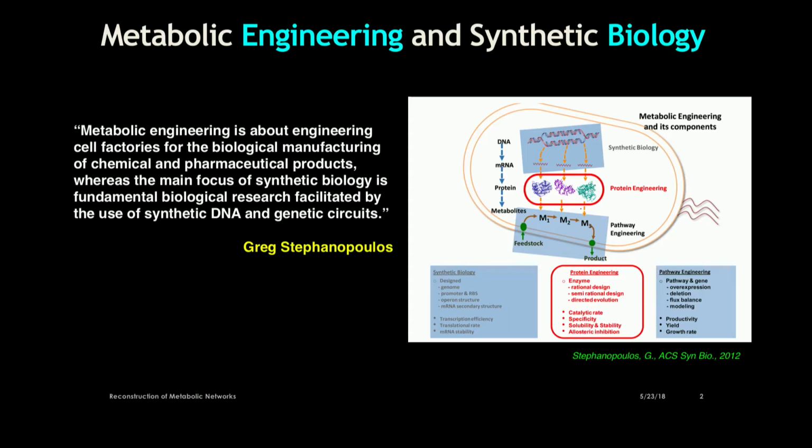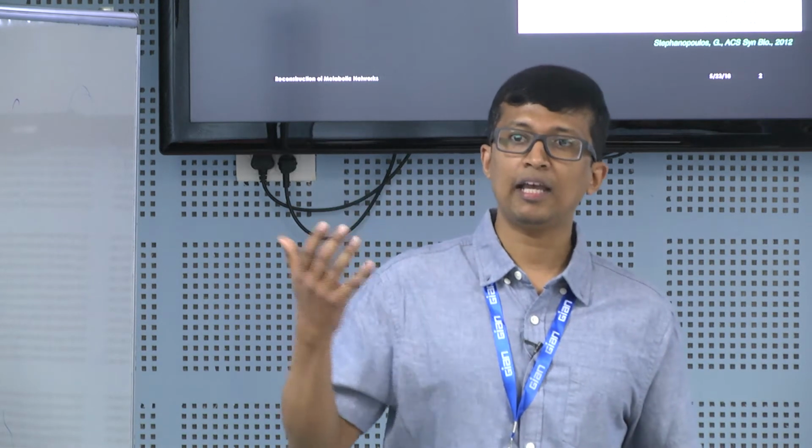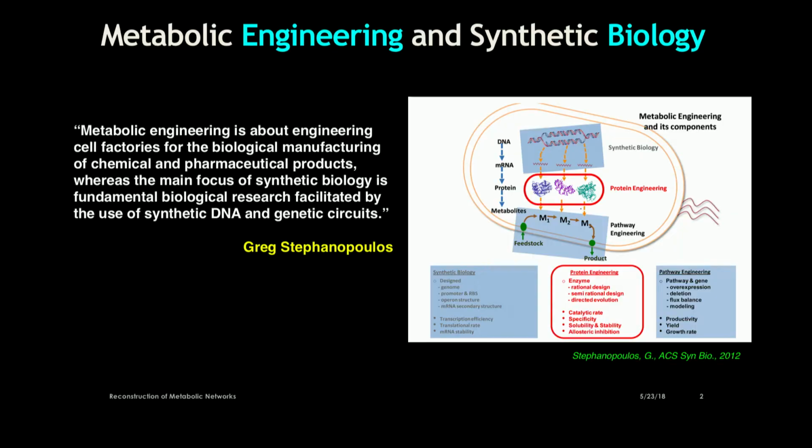But in the context of metabolic engineering, synthetic biology is one of the three major areas: pathway engineering, protein engineering and synthetic biology. This definition may not be the universal definition, but when you are building a platform to produce a specific product, this is how these two terms are defined.